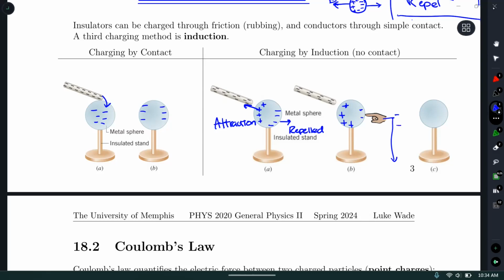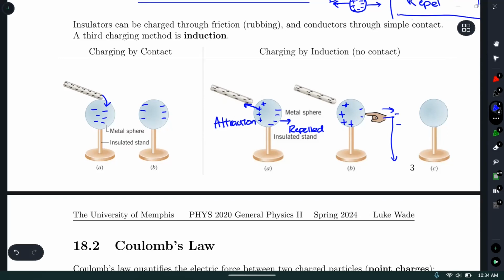Some of it flows off until you reach the same potential as this thing. We'll get to what that means later. But to do that, some of this negative charge leaks off through me. And what we're left with is a net positive charge.